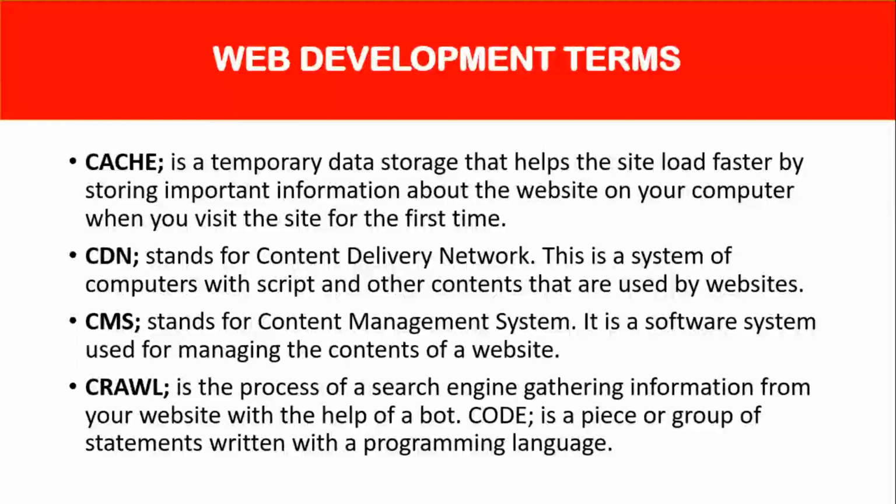So they provide faster accessibility to these contents, so we can easily use them on our own websites. Take for instance jQuery, or things like Font Awesome. When you have these contents on your system, they are not as fast as when you have them on a content delivery network, because it's not just one system that is serving you. There are so many systems. So it looks for the system that is closer to your location and lets that system serve you with the scripts or the content that you are trying to access.